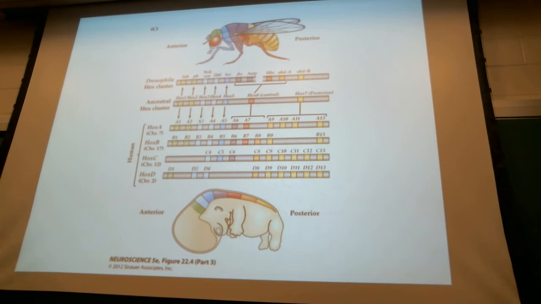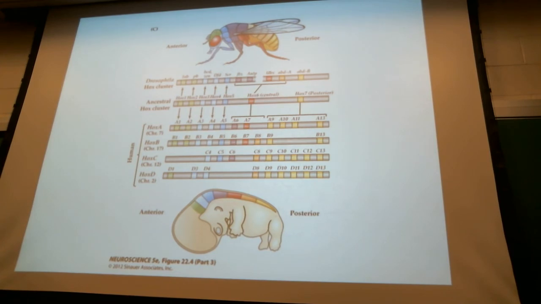It turned out that it encodes a part of a protein domain, which is actually a DNA binding domain. So it's the homeodomain. It turned out they are encoding a series of transcription factors, and it has this particular DNA binding domain, the homeodomain. So these are called Hox proteins.